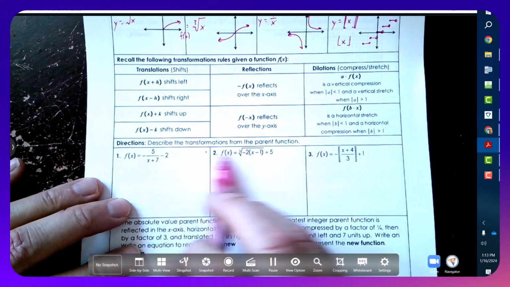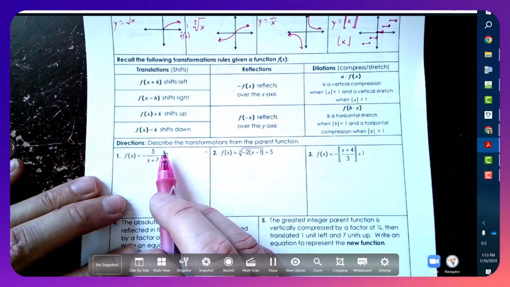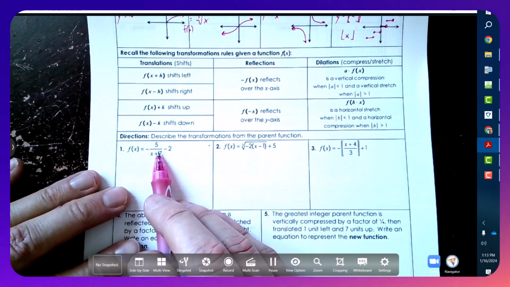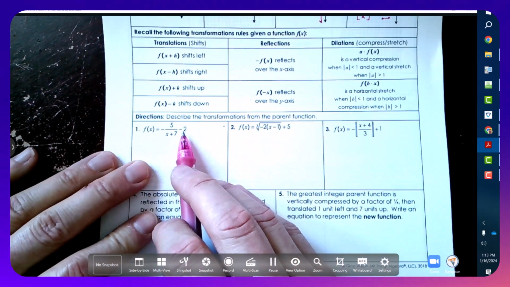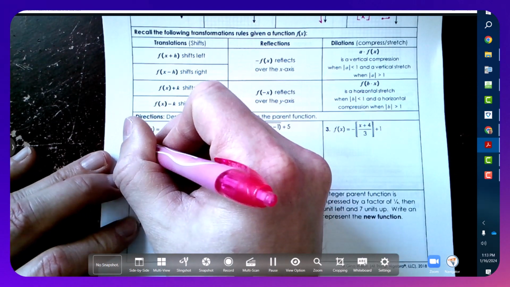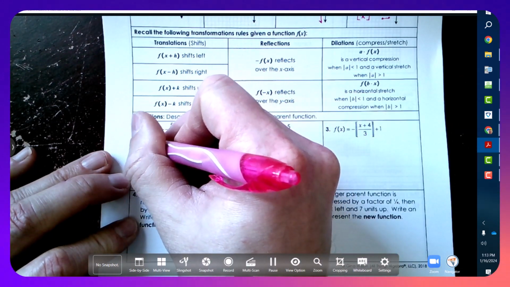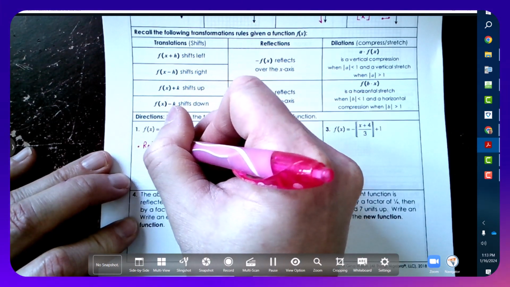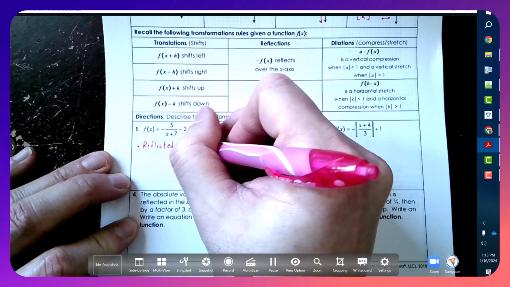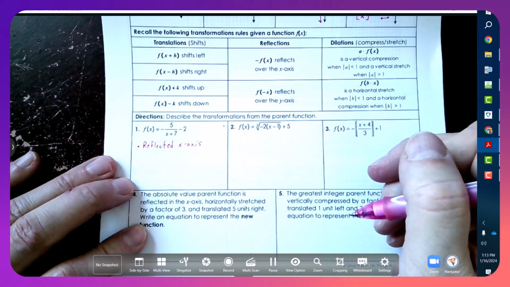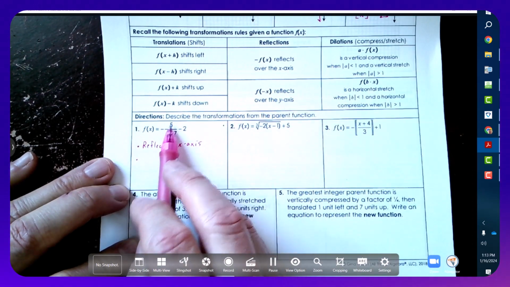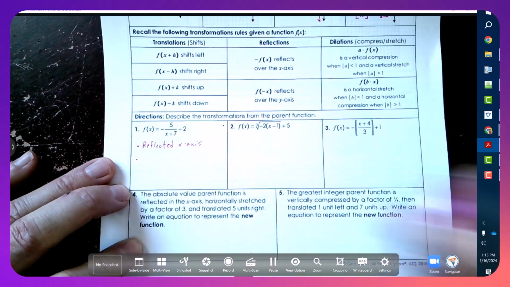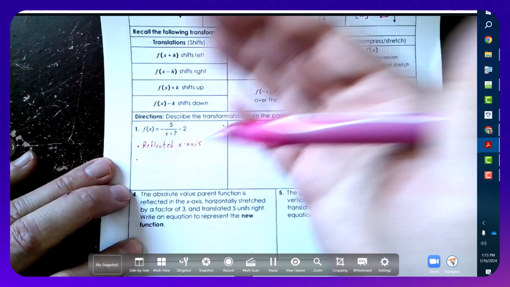So let's go ahead and describe the transformations here for number 1. This is a reciprocal function. First of all, it has been reflected on the x-axis. You've got a 5 here, and this 5 is being multiplied to the whole thing.